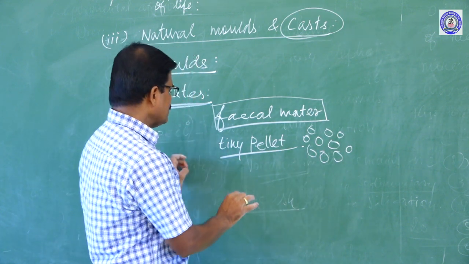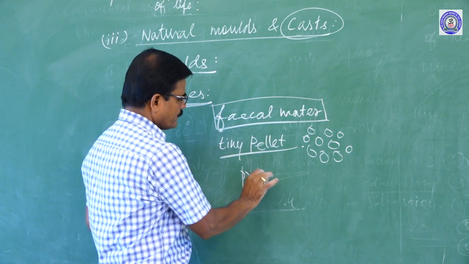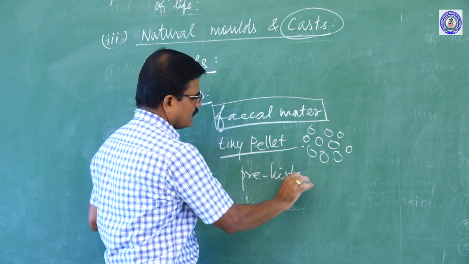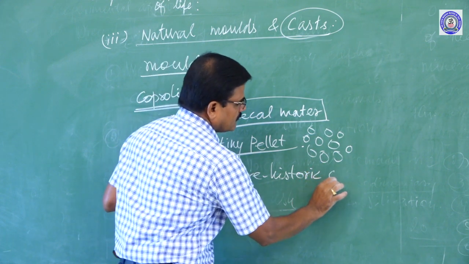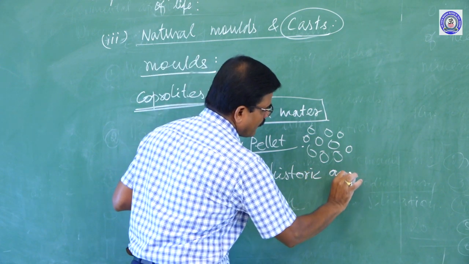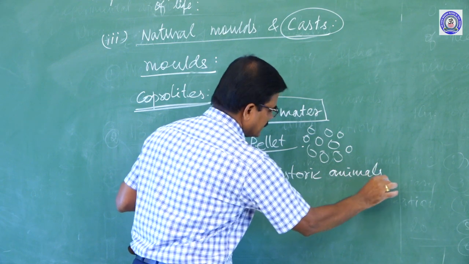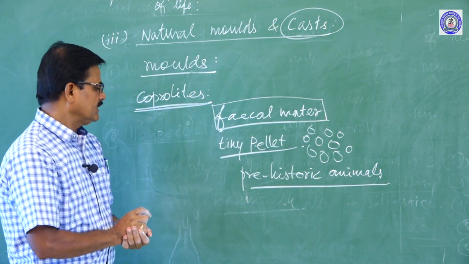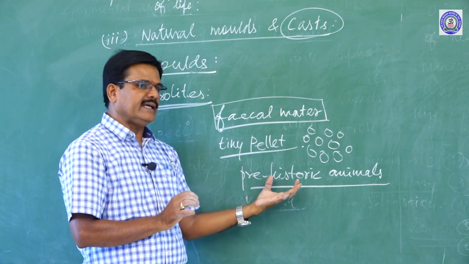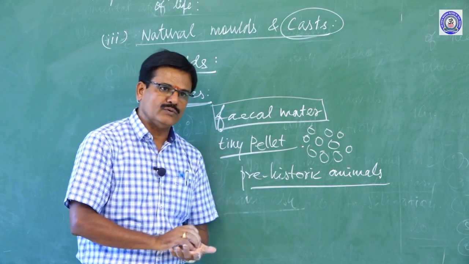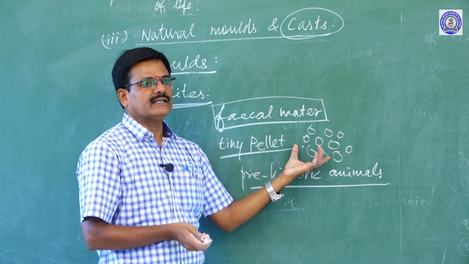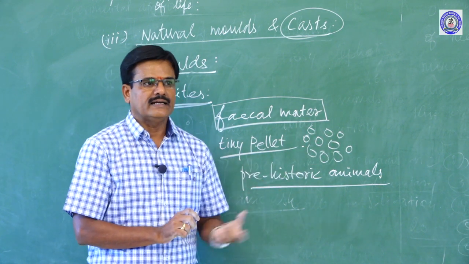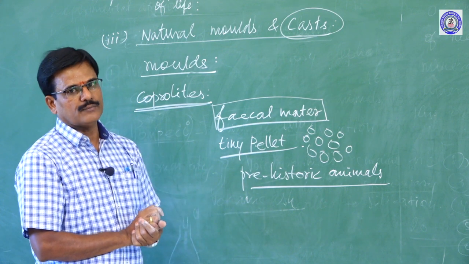What is meant by prehistoric? Already told you, prehistoric animals means ancient animals. If you want to find out whether the ancient animals were carnivorous or herbivorous, we can find out by analyzing this fecal matter.